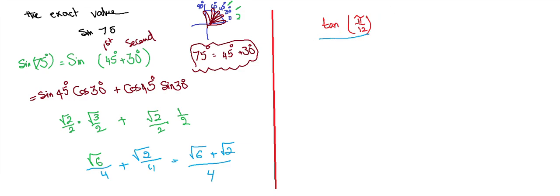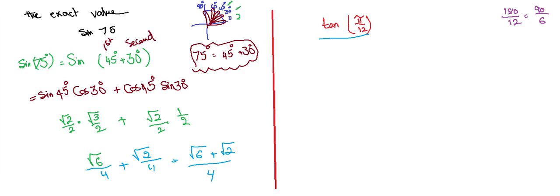Here I have pi over 12. What is pi over 12? It's 180 divided by 12, which is basically what? If you want to divide here and there, 2 by 2, this is 90 over 9, and this is by 2, it's going to be 6. What is 9 over 6?